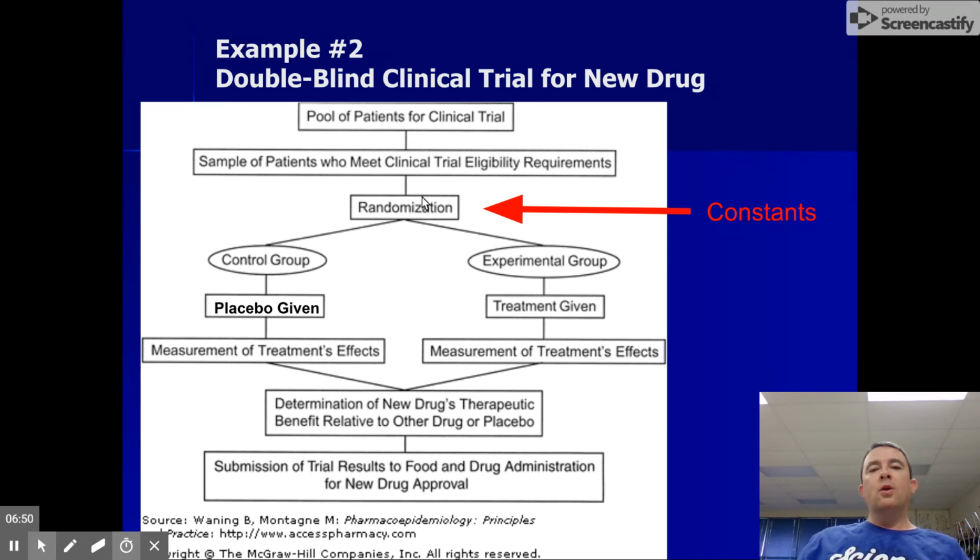So in order to have constants, we need to divide the group of cancer patients into two separate groups. And that needs to be done in a random fashion. And it's important that both the control group and the experimental group be very, very similar, that their age distribution would be similar. The breakdown of male-female should be the same.